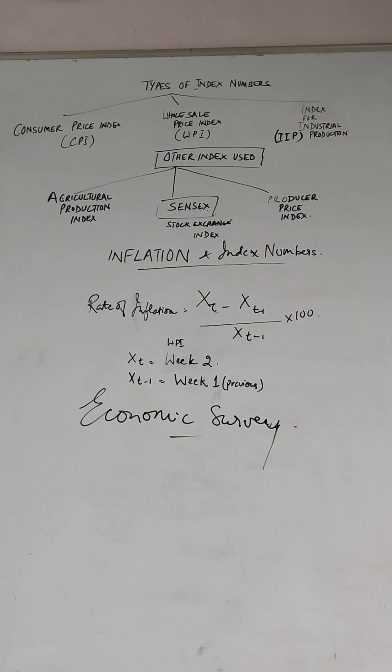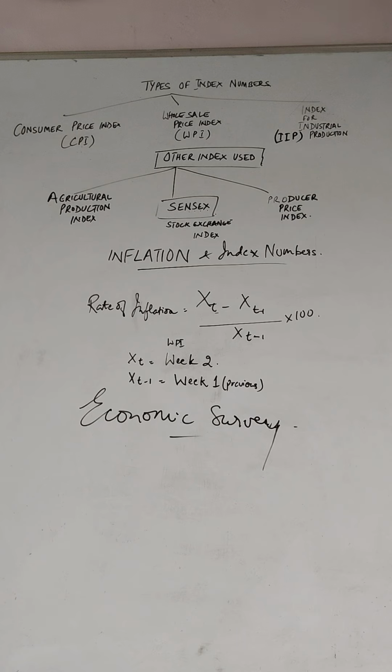And there are some limitations of index numbers that I think we have already discussed, but just as a recap, generally index numbers are based on samples. So we really can't take into account each and every item in the construction of the index. That is one limitation of index numbers.